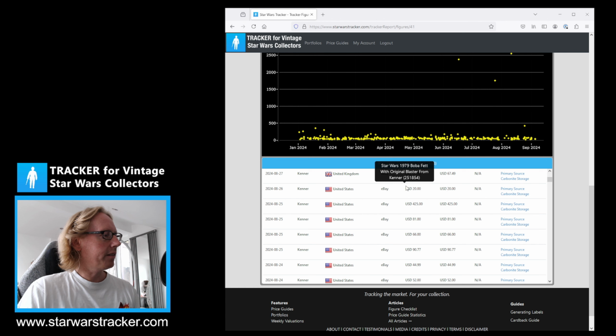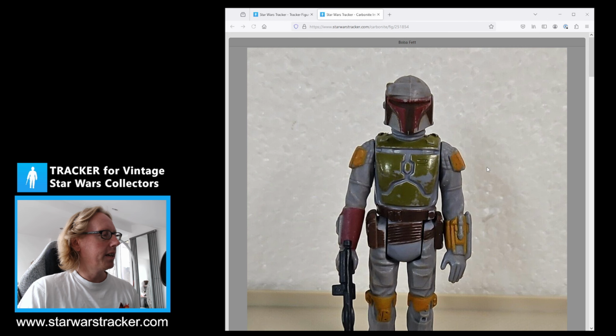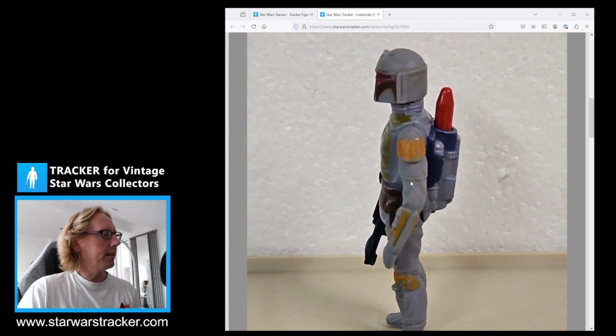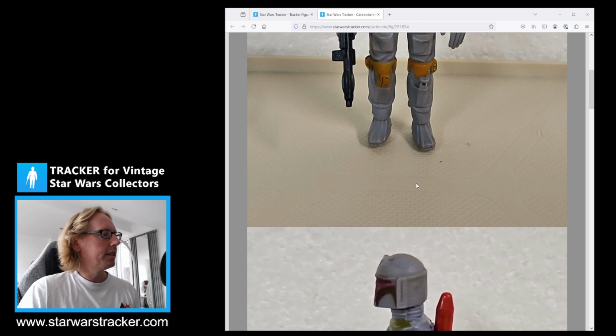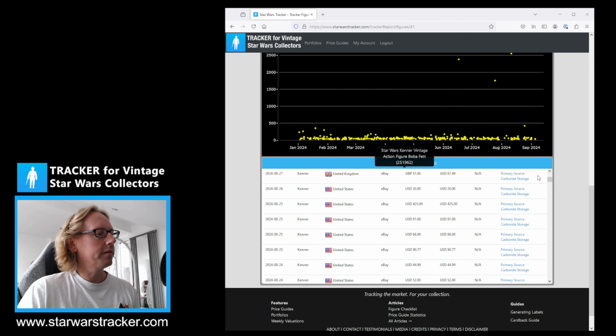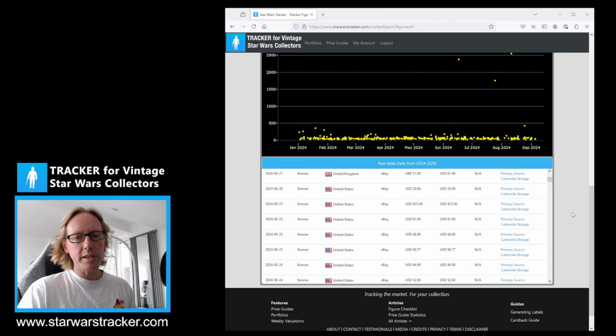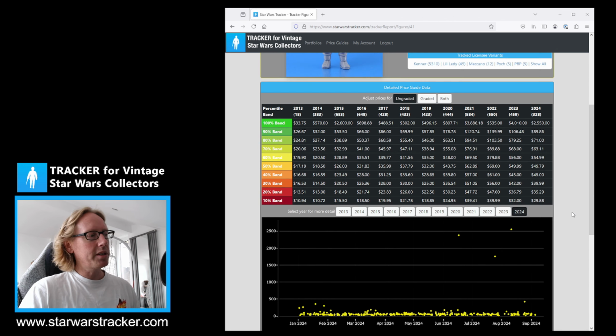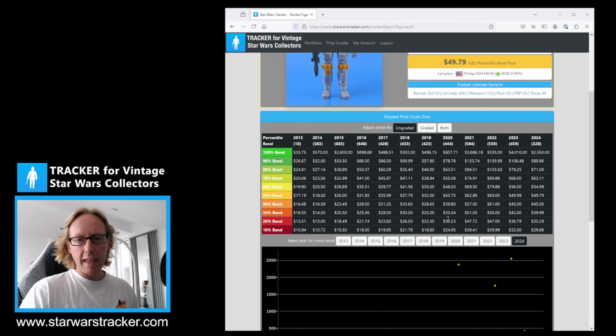Here we've got one sold for just $20 in the US, and we can see that's on the lower end of things, like a lot of the paint's been rubbed off here. Quite some rubbing everywhere, and that's how there's a correlation between price and condition, and the percentile bands try to capture that sometimes elusive concept.